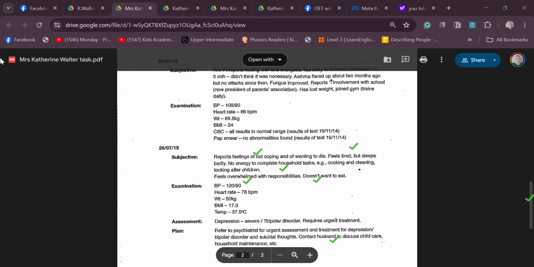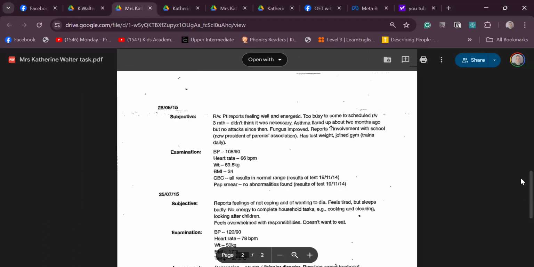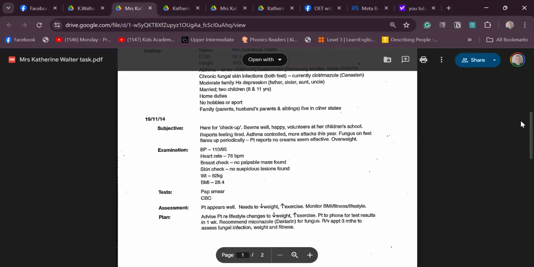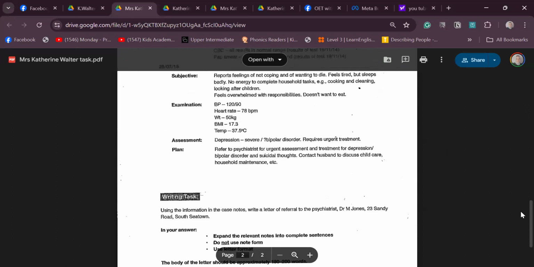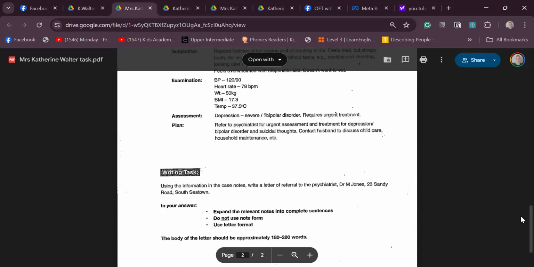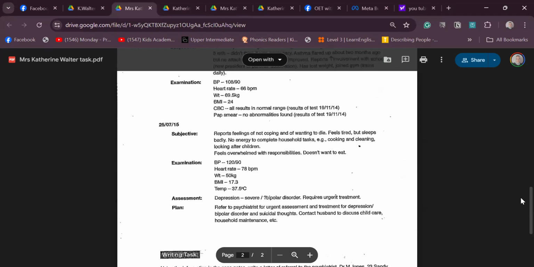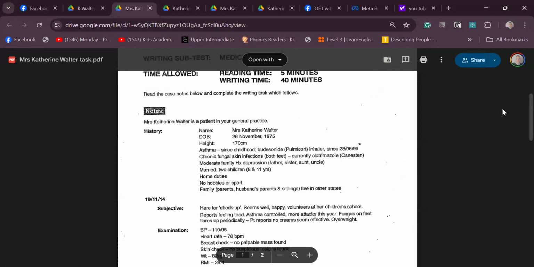After that, you will go from the beginning of the letter. You will start from the beginning to choose and collect the relevant data, depending on who you are writing to, why you are writing to them, and today's visit. So I will go to the beginning of the letter.